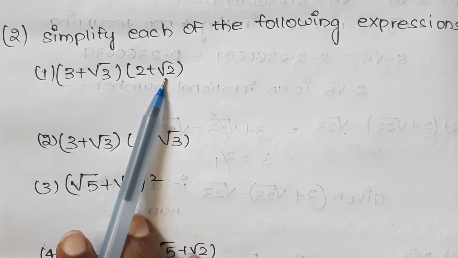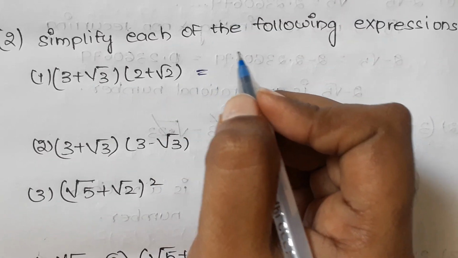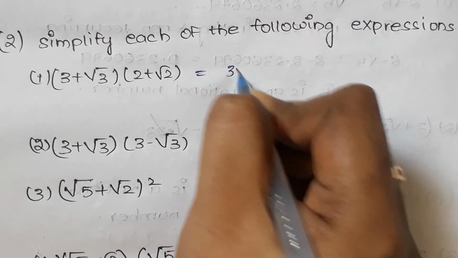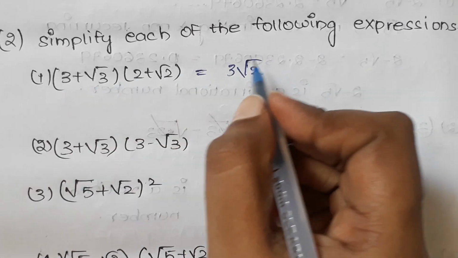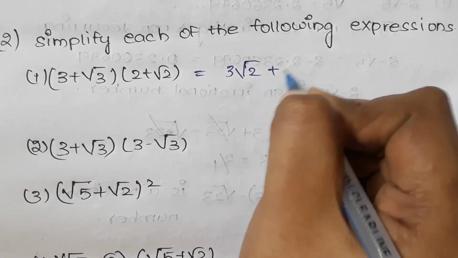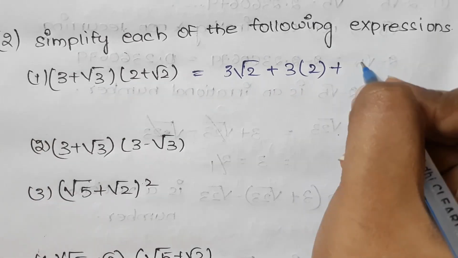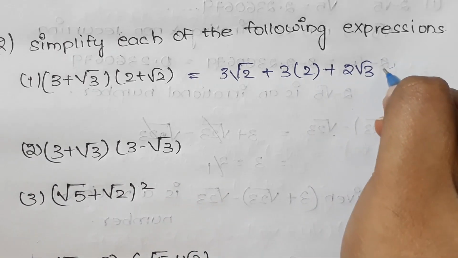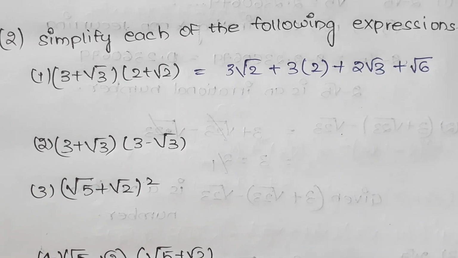Now let us solve this. Here let us separate the brackets, that is we get 3 into root 2 plus 3 into 2 plus 2 into root 3 plus root 3 into root 2, that is root 6.